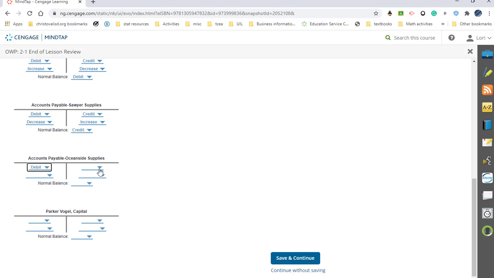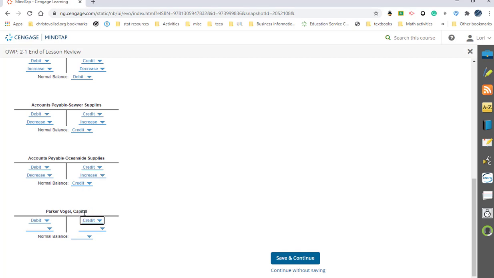Accounts payable is a liability. So therefore, we are going to decrease on the left and increase on the right. And our increase was under the credit column, so we're going to mark it as credit. Debit and credit don't change no matter what account you have.